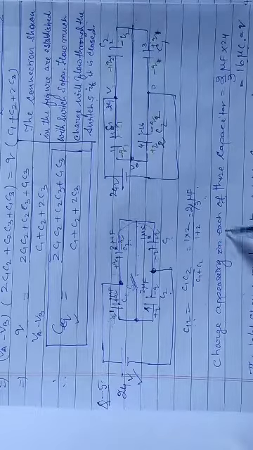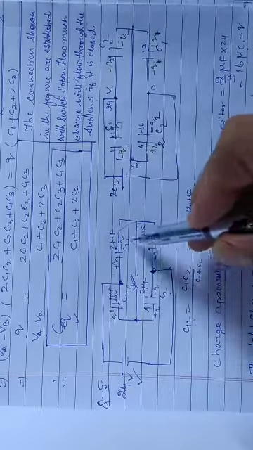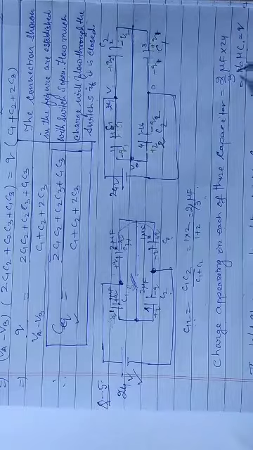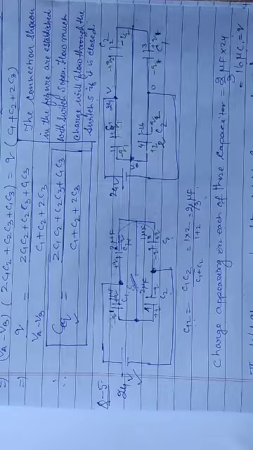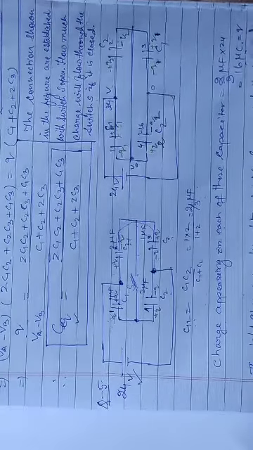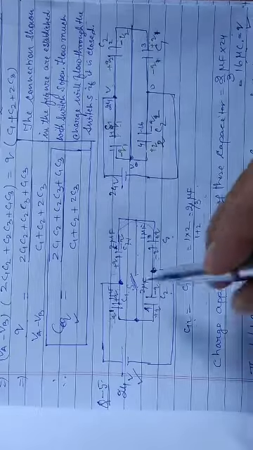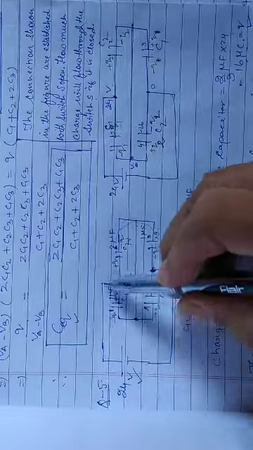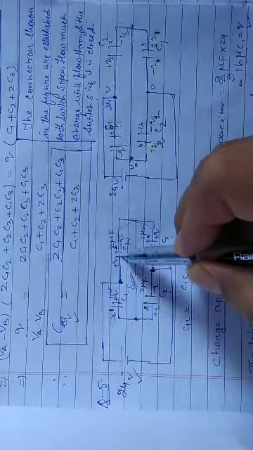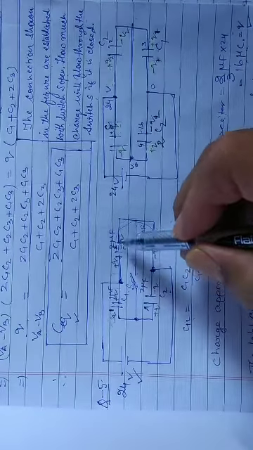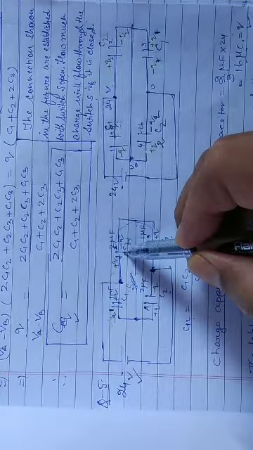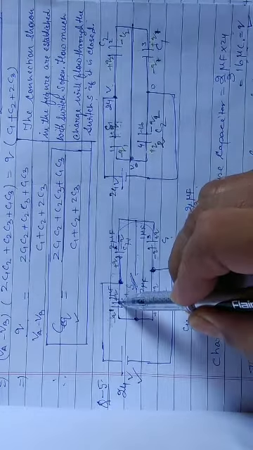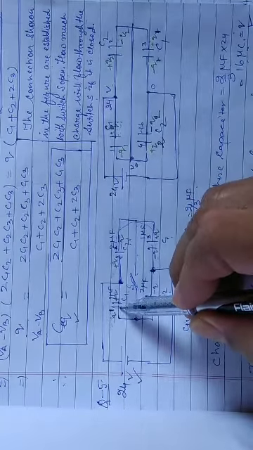So the charge appearing on each of these two capacitors C2 and C1 will be CV, and this is 16 microcoulomb. Let it be Q. This end supplies positive charge, so this plate will contain plus Q charge, and its opposite will contain minus Q charge. Here it will contain plus Q charge, this will contain minus Q charge.